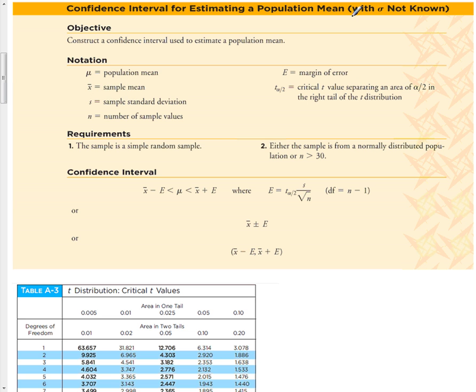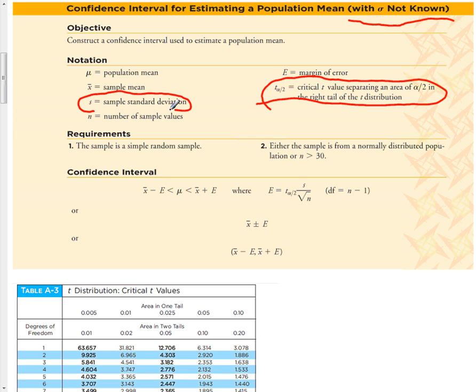Only distinction once again here, sigma is not known. All right, now all the notation here is the same except for this notation right here. This one right here used to be sigma, but now we don't know sigma, so we can only use s, the sample standard deviation.